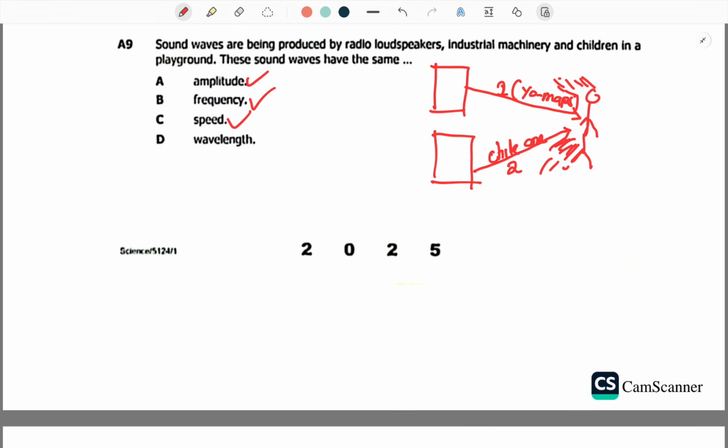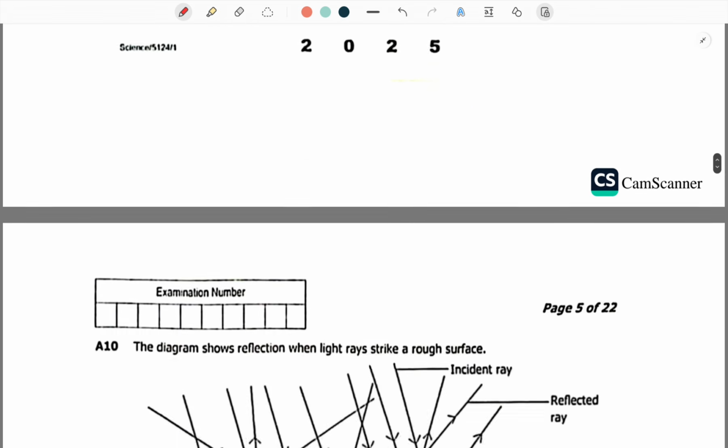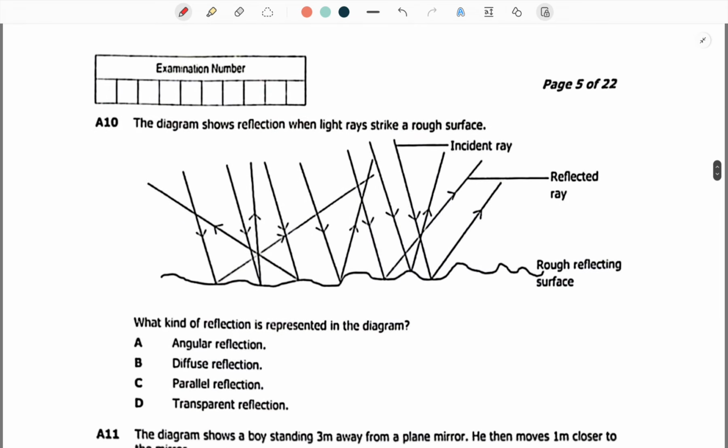But the fact that you hear them at the same time, the speakers and the children in the background, implies that the 2 are moving at the same speed. So your answer is they have the same speed. I want you to use this same concept. That's sound interference.